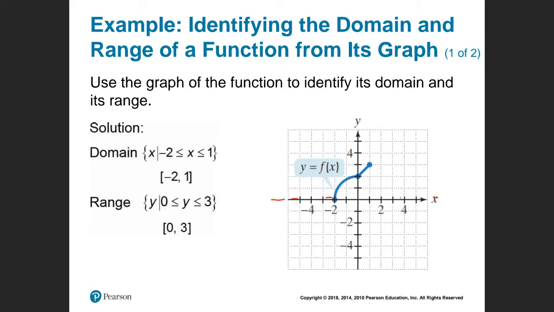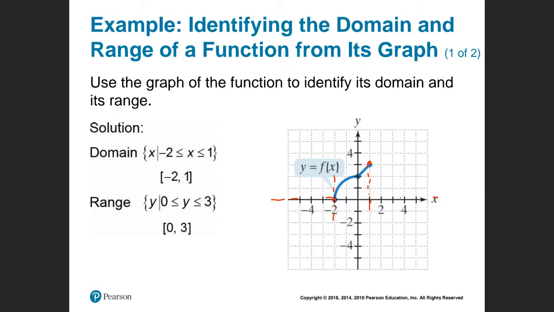Domain from this, look at the x from -2 to where? Just make a line like this. Domain is from -2 to 1. This is included because the point is dark, full. It means included, closed.